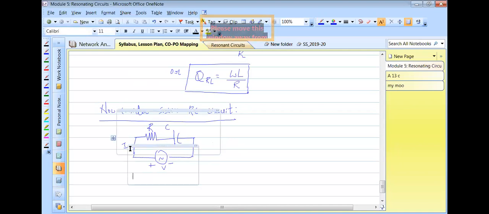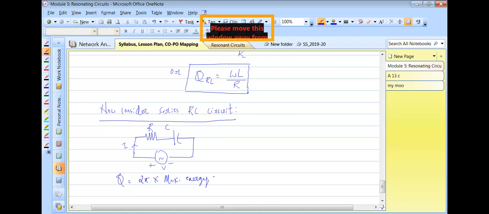Just for your reference, Q is given by 2 pi into maximum energy stored, since we are considering C, in C, divided by energy dissipated per cycle.